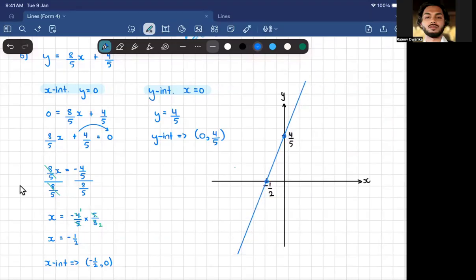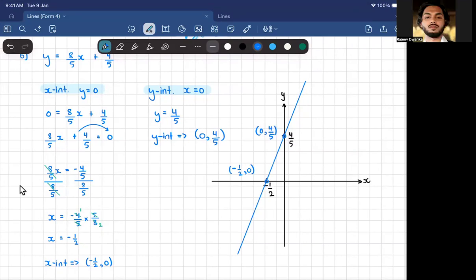So this point over here, what are the coordinates for that point? -0.5. What are the coordinates for this point? 0, 4/5. Perfect.